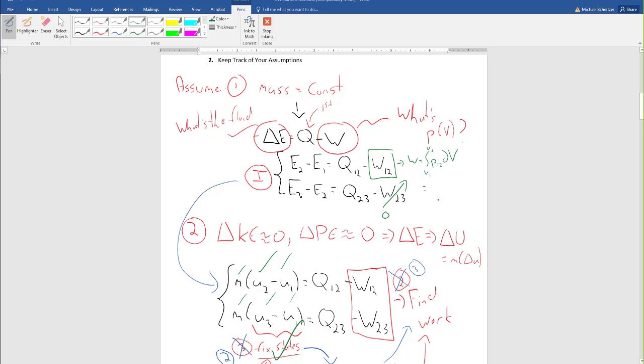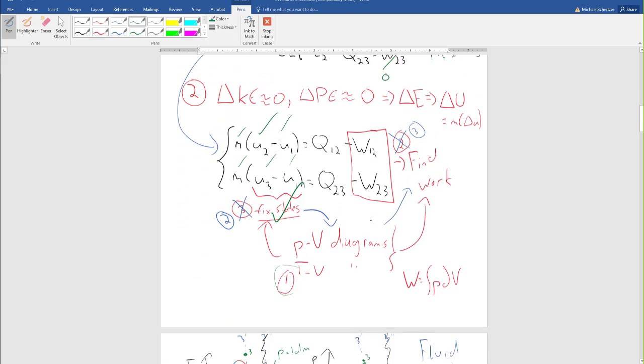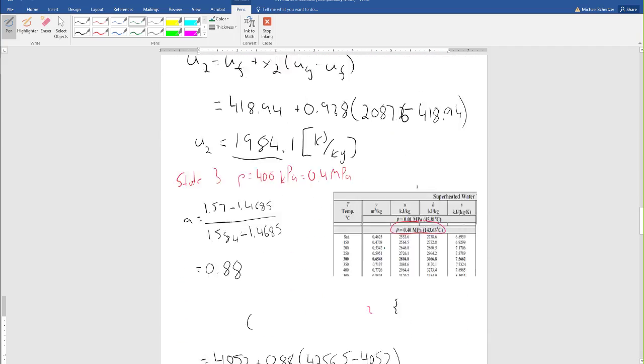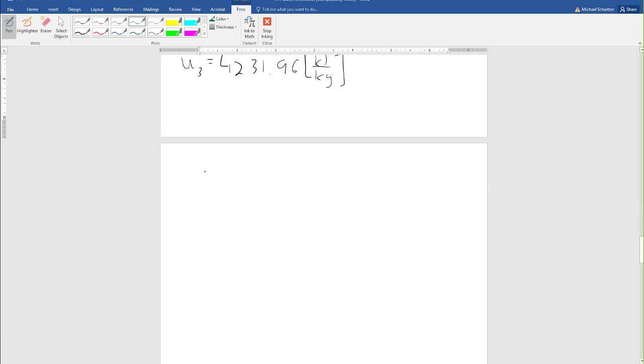But because this pressure is constant, this is just going to be P1 times V2 minus V1. I'll work that out down below. So as we go from state 1 to state 2, work, because pressure is constant, is just going to be P from 1 to 2, because it's only one pressure, times V2 minus V1.